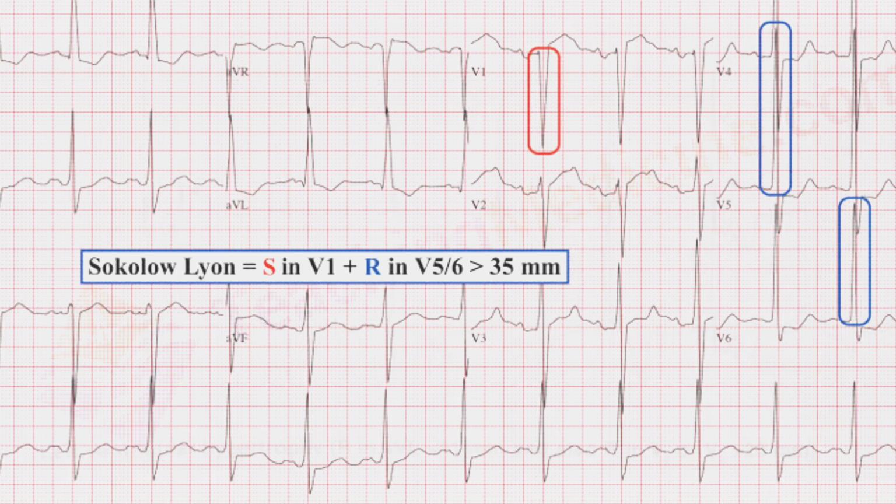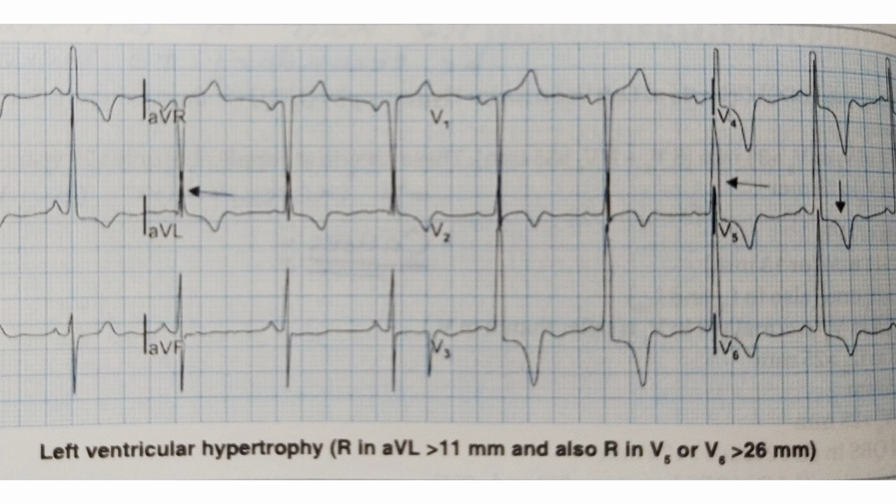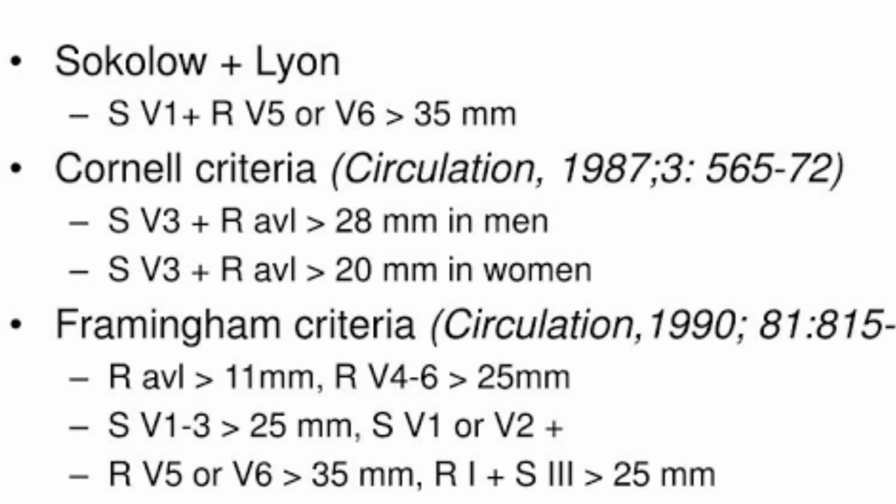Now I am going to display another ECG of left ventricular hypertrophy. In this ECG, in aVL you will see clearly an R wave greater than 11 millimeter, and when you look at the R wave in V5 or V6, there are clear spikes showing an amplitude greater than 26 millimeter, and this also fulfills the criteria for left ventricular hypertrophy.